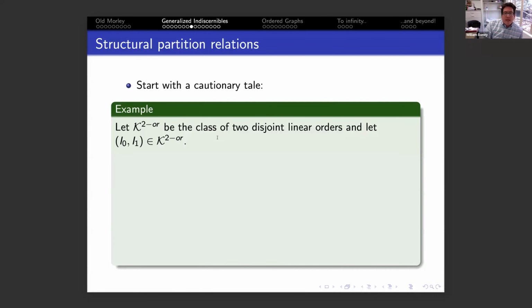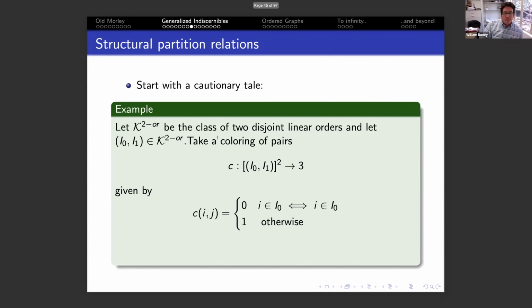And I'm going to take an element of here, and I_0 and I_1 are probably really big, and I'm going to define a coloring by 3 colors, but I only use 2 of them because I forgot to correct this slide, where I take i and j, and I color them 0 if they're from the same part, both from I_0 or both from I_1, and I color them 1 if they're from different parts.